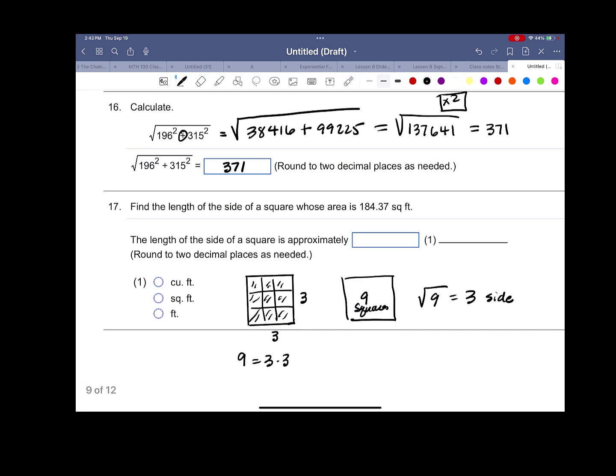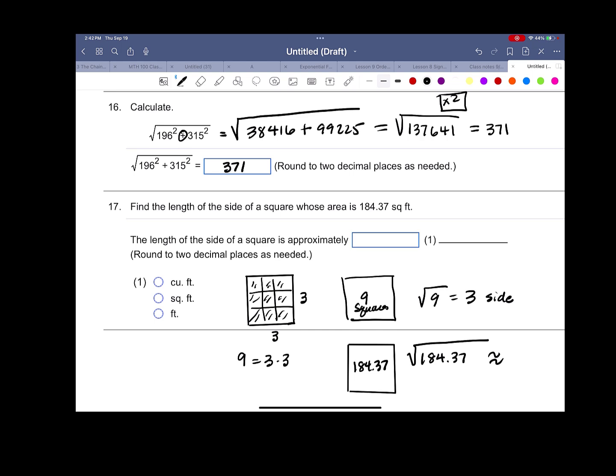So what they give us is one that's not a perfect square. They say that this square has an area of 184.37, so we have to take the square root of 184.37.